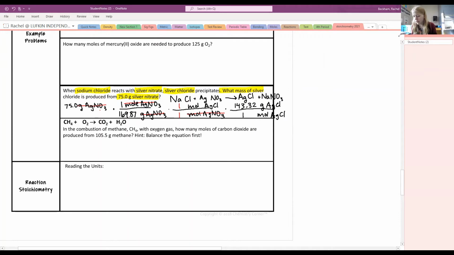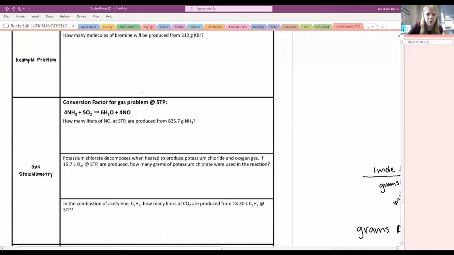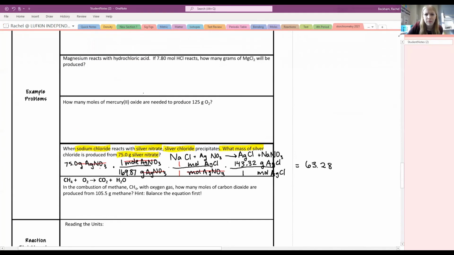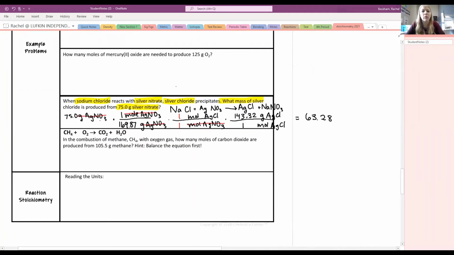And then you're going to calculate. Put all of that in your calculator. And I am getting 63.28. And I will change the significant digits in just a second. Let me just double check that that is what I want.